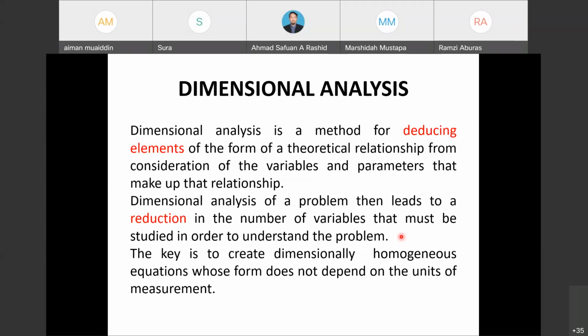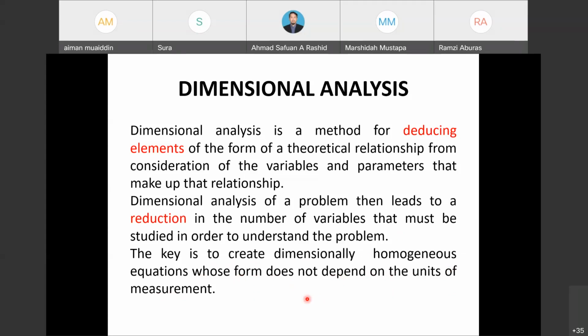Okay, the key is to create a dimensionally homogeneous equation whose form does not depend on the units of measurement. So the idea is to create a non-dimensional equation, which doesn't have any units. For example, what does it mean?